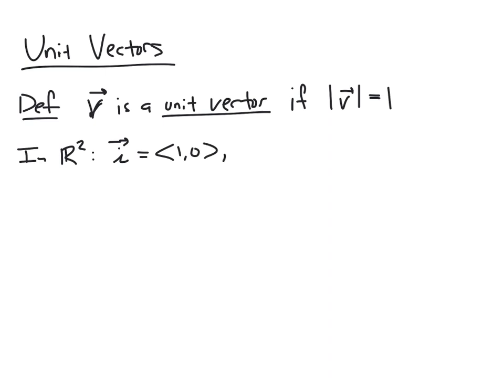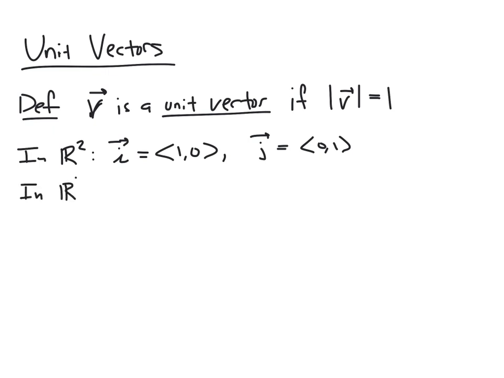And we're going to have a vector j, which is going to be the vector 0, 1. Both of these vectors obviously have magnitude 1. The magnitude of a vector: you square each of the components, add them together, and take the square root. So when we square the components of either of these and add them, we get 1 squared plus 0 squared, which is 1, and we take the square root of 1 and get 1. So both of these are very easily shown to have magnitude 1.